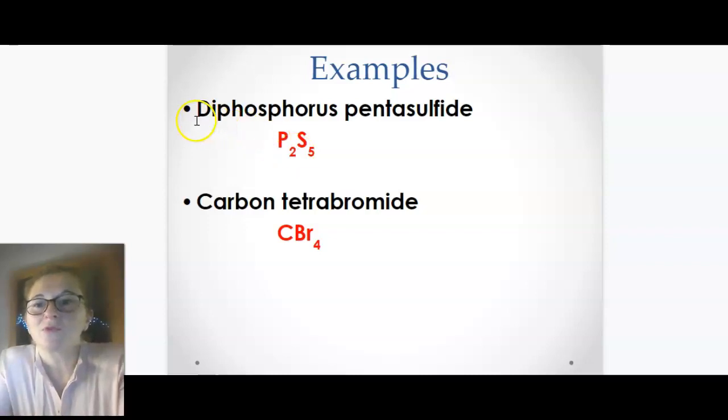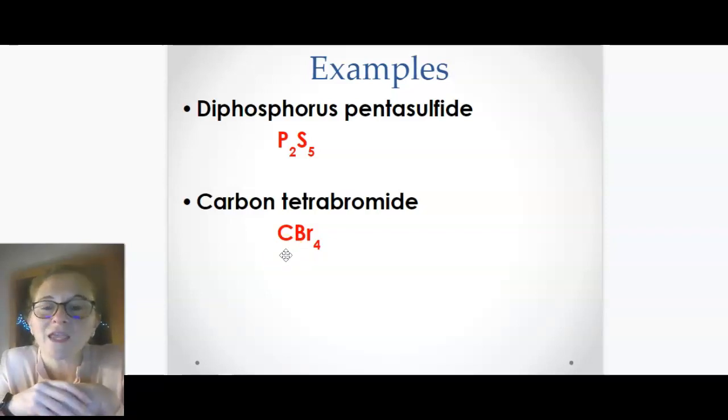So the prefix tells us the number of atoms for the name that's on there. And pentasulfide, here we have 5 sulfides, so sulfur with a 5. Now here we see carbon, even though there's only 1, we don't write mono. We only use mono for the second word.